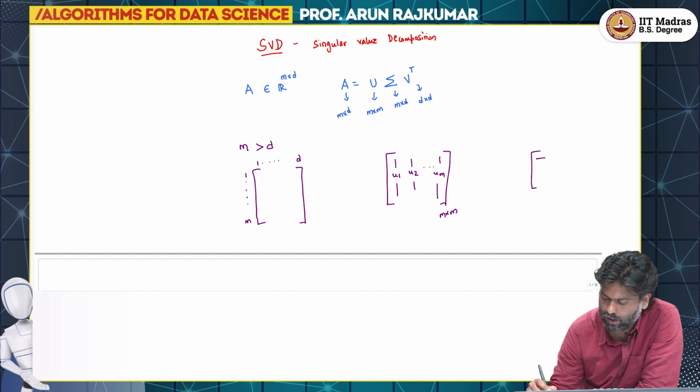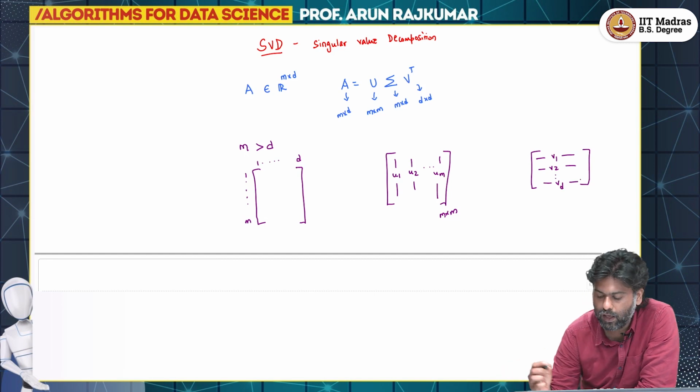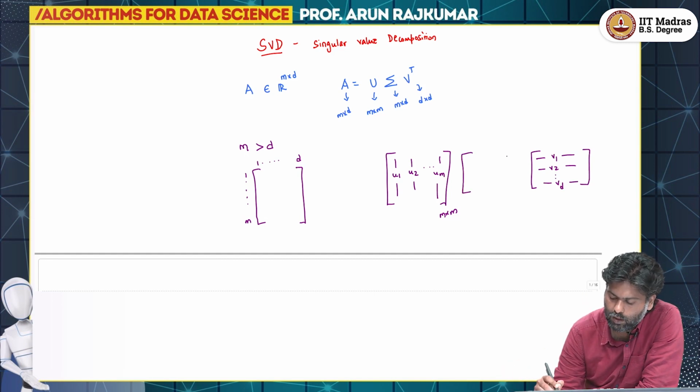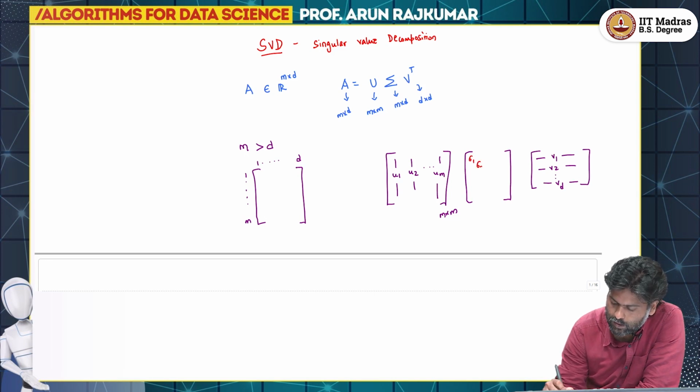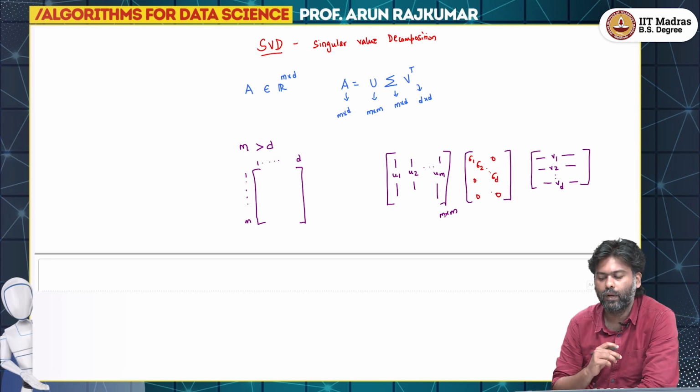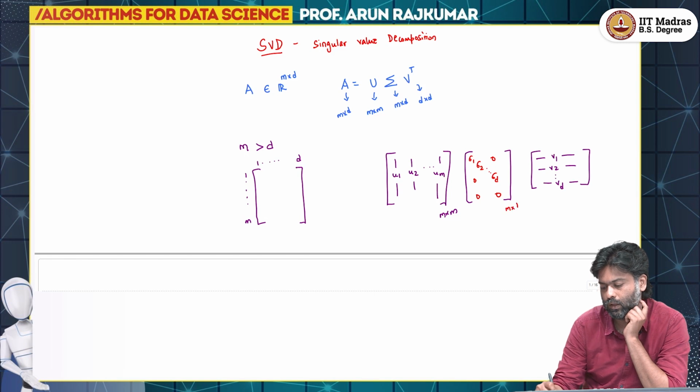And then on the other side we have v1, v2 till vd, which is an orthonormal basis for R^d. And then in between is sitting this m cross d matrix, similar to the dimension of A itself, where you have on the diagonal sigma 1, sigma 2 till sigma d, and everywhere else is 0. So this is an m cross d matrix, and this is of course d cross d.